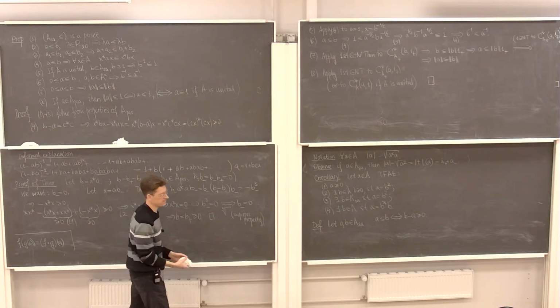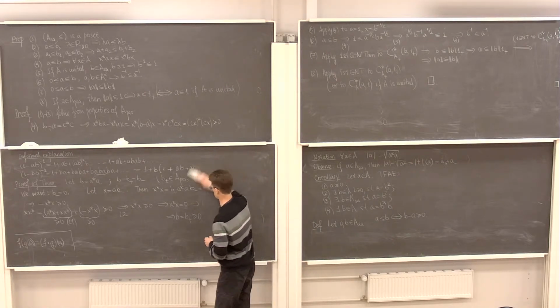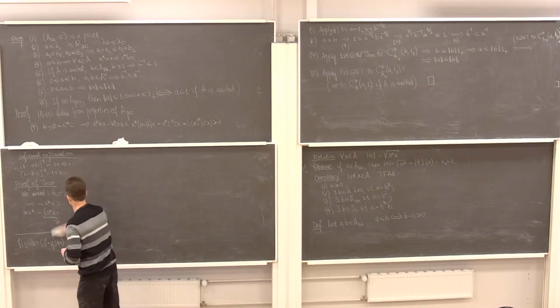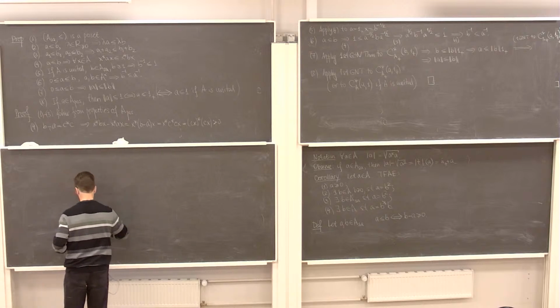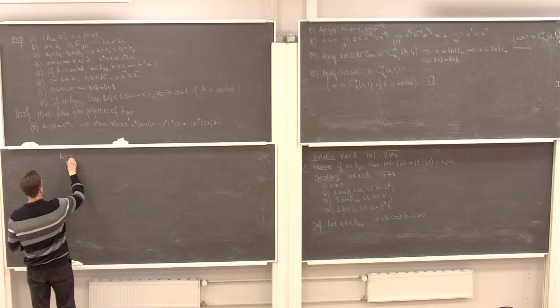Our next goal is to discuss approximate identities in C-star algebras. Approximate identities.